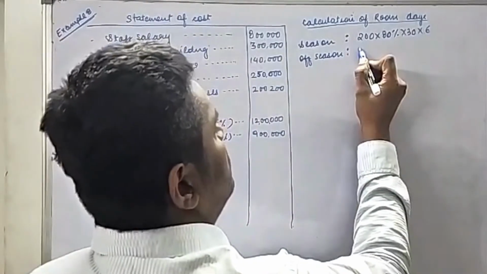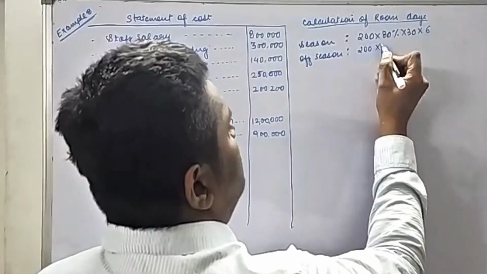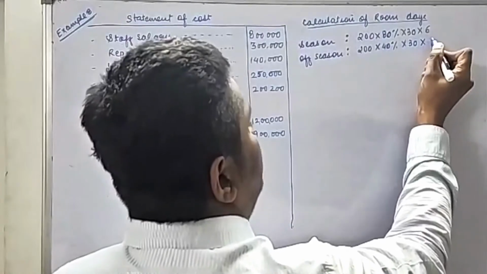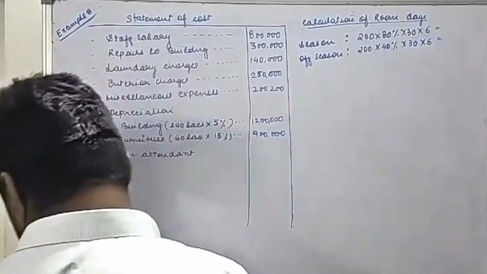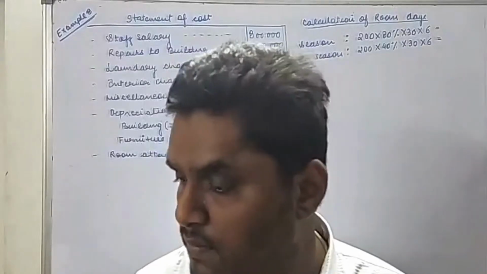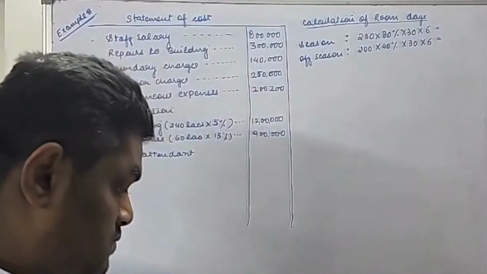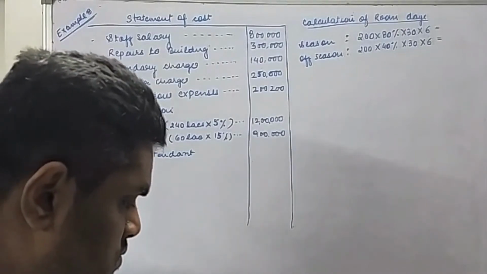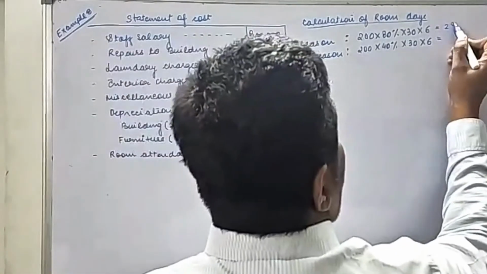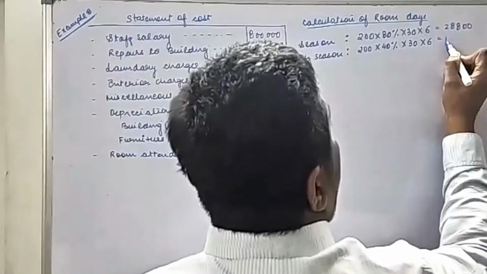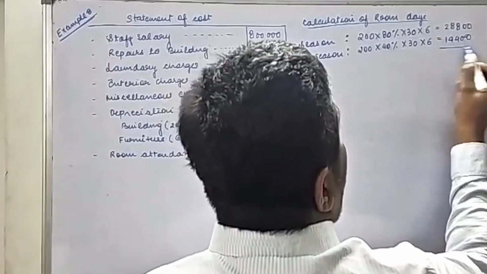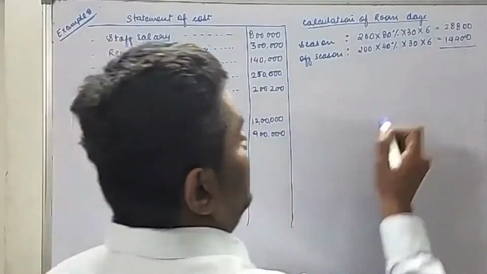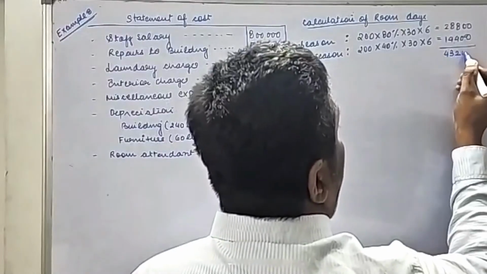Similarly, for off-season also, 200 rooms, 40% is the occupancy, into 30 days in a month, into 6 months. So this will be 28,800 and this will be 14,400. So in aggregate, it will be 43,200.